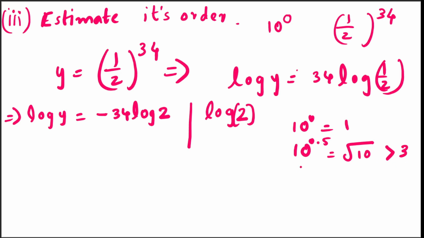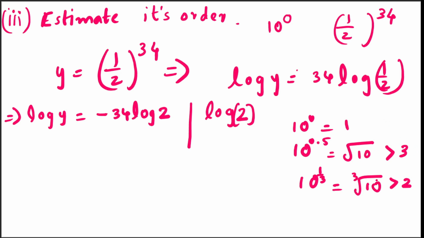So we are looking for something like 10 raised to 1 by 3. Actually, that is the cube root of 10. What is the cube root of 10? It will be greater than 2. How am I writing this? Because root 9 is 3, so root 10 will be greater than 3.